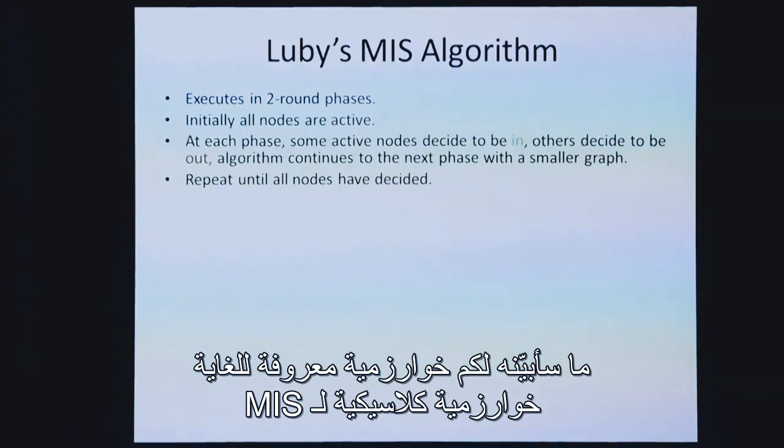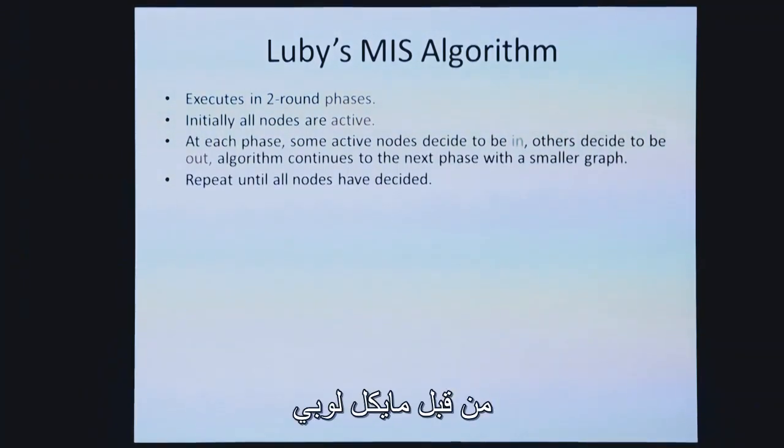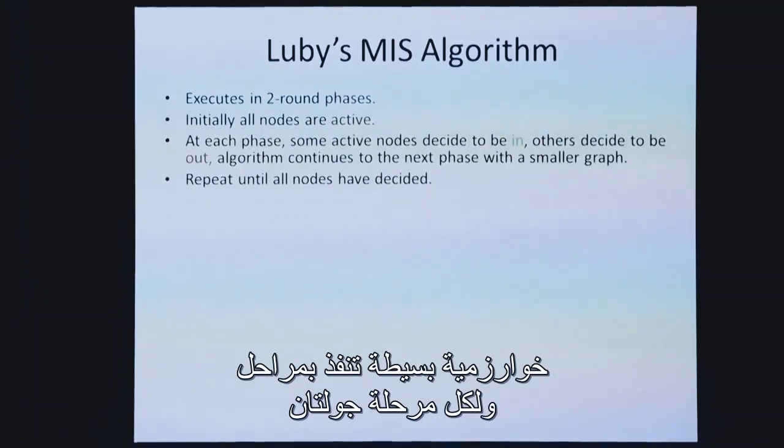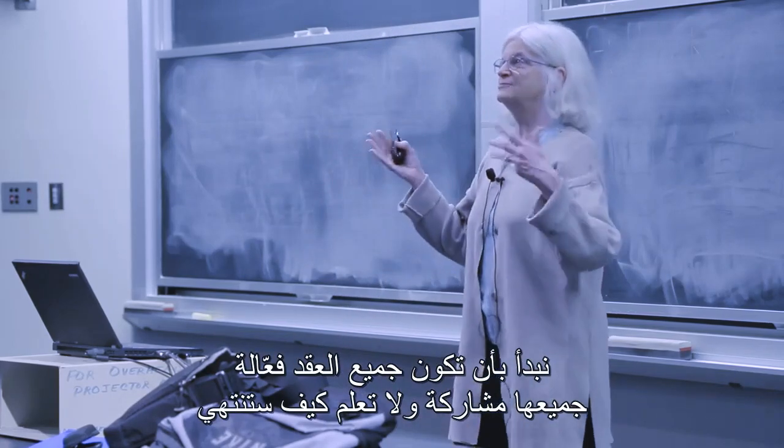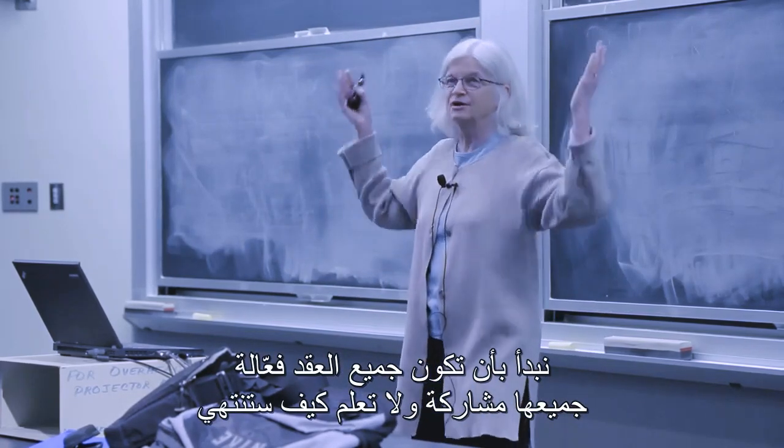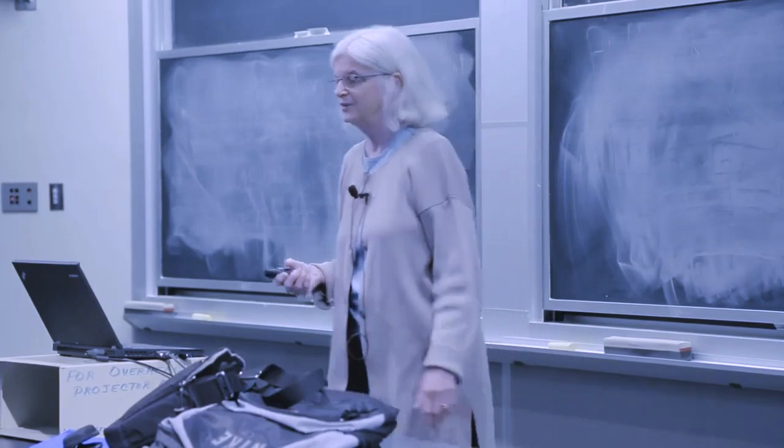So what I'm going to show you is a very well-known algorithm, sort of a classical algorithm for MIS. This is by Michael Luby. Very simple algorithm. It executes in phases. Each phase has 2 rounds. Okay, so you start out with all the nodes being active. They're all involved. They don't know what they're going to end up with.